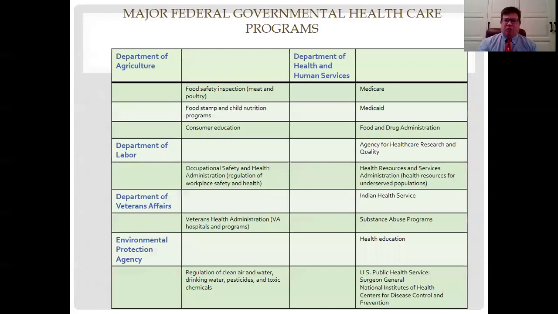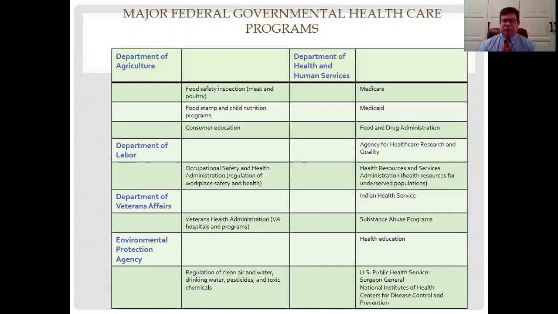Just a quick overview. When we think about healthcare, we aren't always thinking about this public health aspect of it. But there are really quite a few federal government agencies that are involved in healthcare programs through the vantage point of public health, besides just providing actual medical care. So for example, the Department of Agriculture, very important is that they have food inspection.